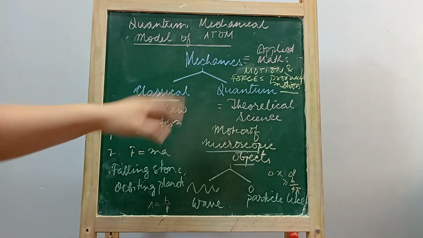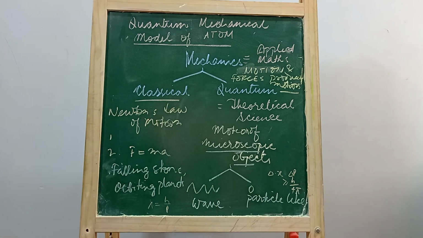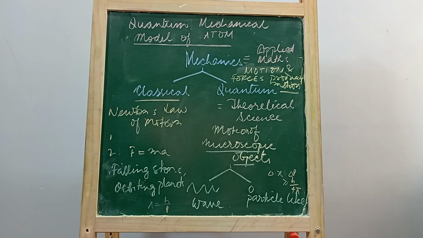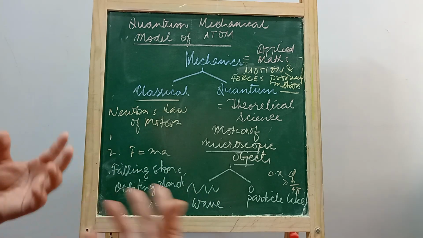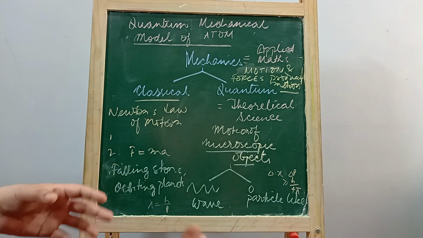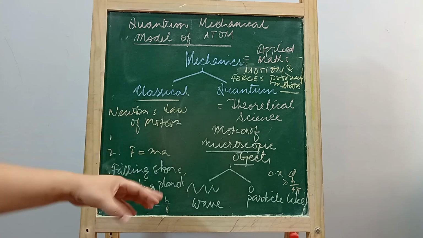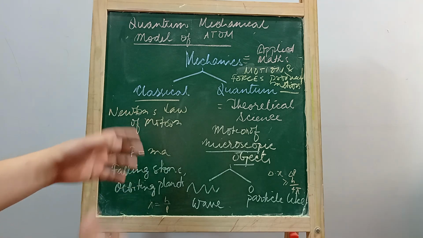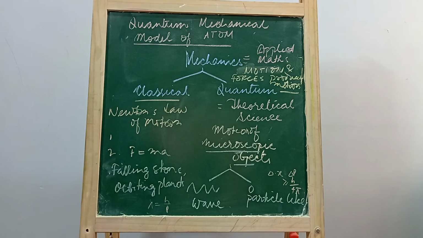Now there's classical mechanics, in which we generally study Newton's laws of motion, and these laws are very well able to define the properties and how objects will behave when force acts on them, like on a falling stone or on orbiting planets, like Newton's second law of motion, which defines force as a product of mass and acceleration.